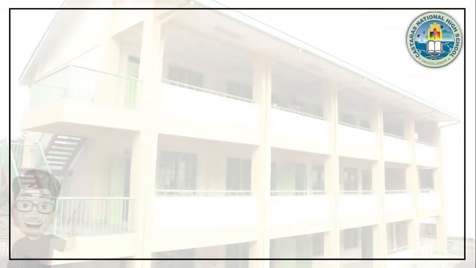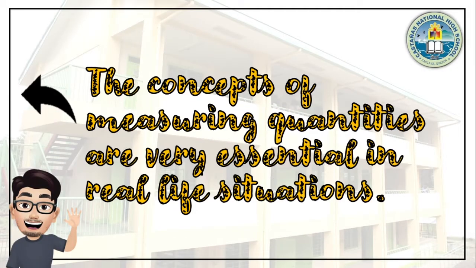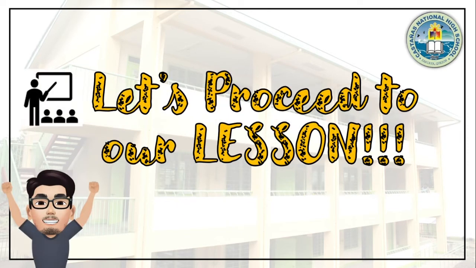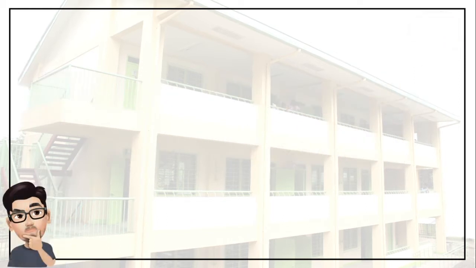So, from the given examples that we tackled, I hope that you can visualize the concept of measuring quantities, which are very essential in real life situations, and we should never forget about this. So let's now discuss the concepts of measurement.